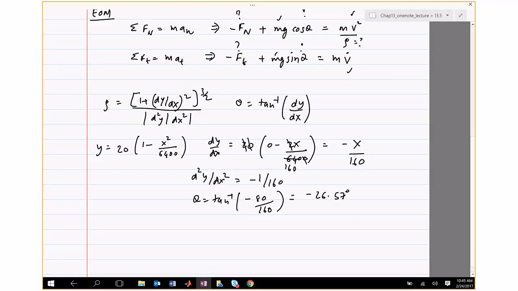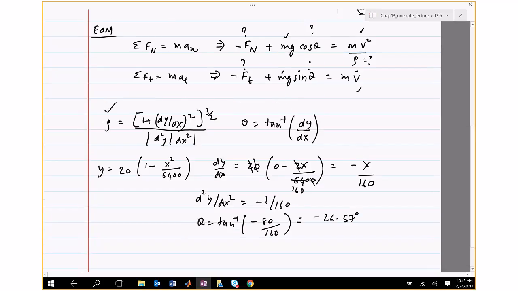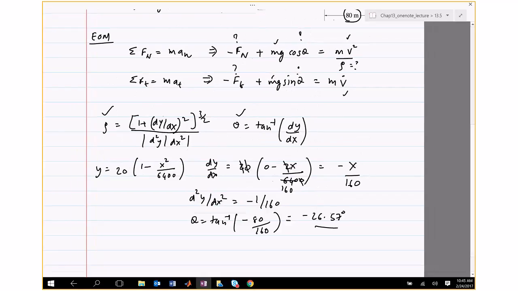You can find rho because you know dy/dx and d squared y/dx squared, and all you've got to do is put x equals 80, and then you know theta. So all that is left is to find Fn and Ft. Fn comes out to be 6.73 kilonewton, and Ft equals 1.11 kilonewton.